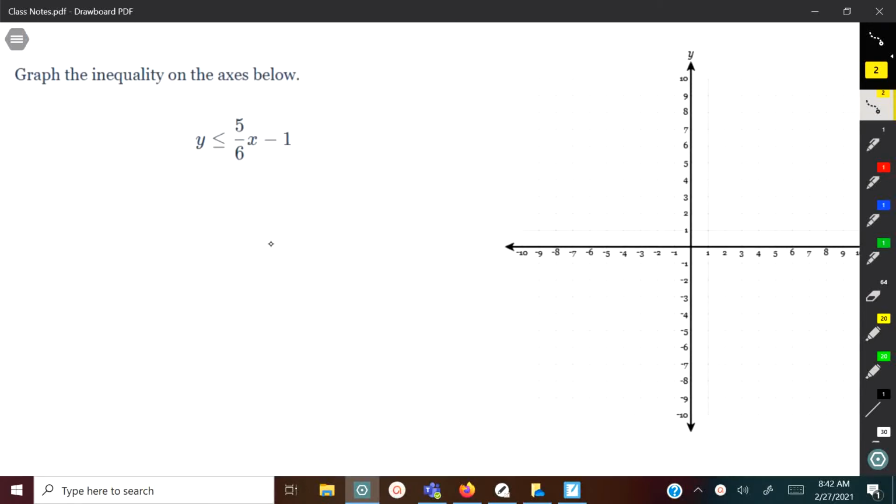Alright, so on this one, we want to graph the inequality on the axis below. And it's similar to graphing just a regular linear equation, except for the shading part. So let's go over that step by step.